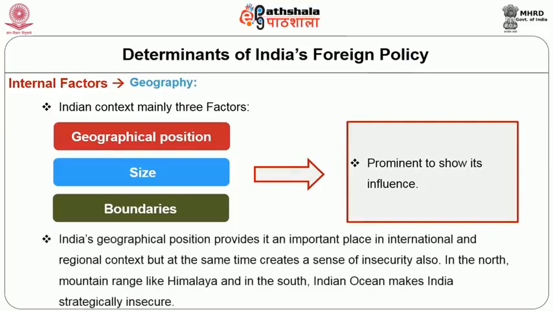India's geographical position provides it an important place in international and regional context, but at the same time creates a sense of insecurity also. In the north, mountain ranges like the Himalaya, and in the south, the Indian Ocean make India strategically insecure.